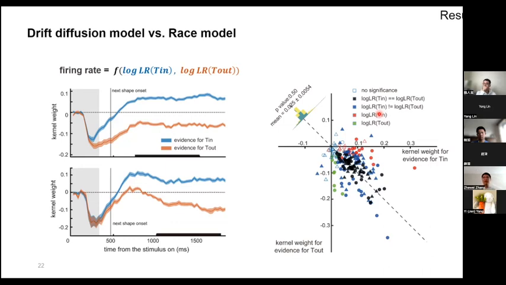And the green and red dots are the neurons that were only selective to T in and T out respectively. At the individual level, we found that most LIP neurons also encode the evidence difference between two alternatives, suggesting that a drift diffusion model, but not a race model, is in play.